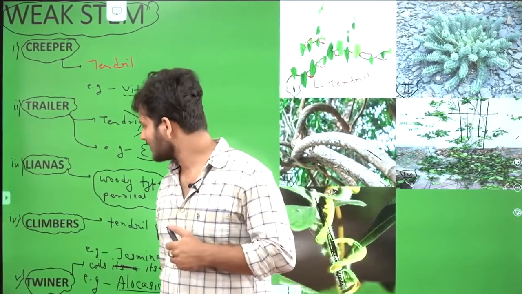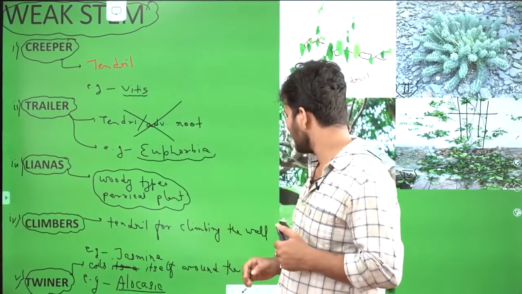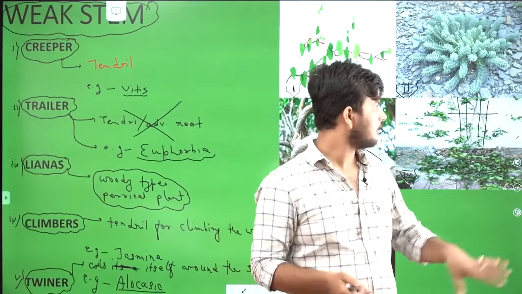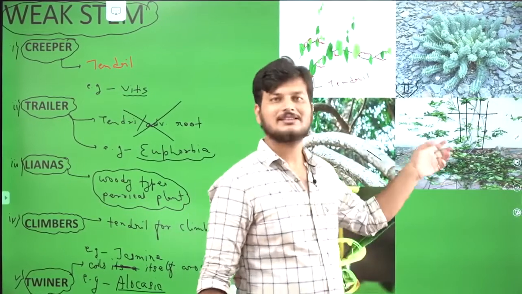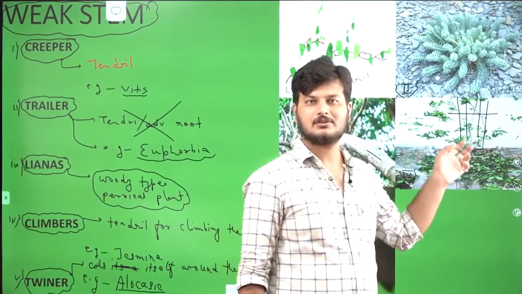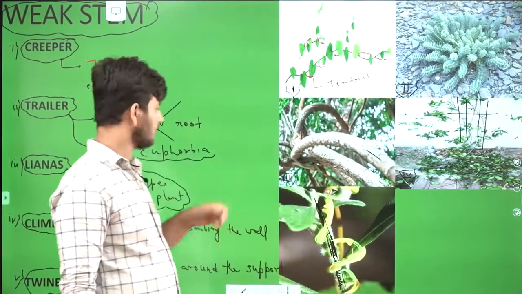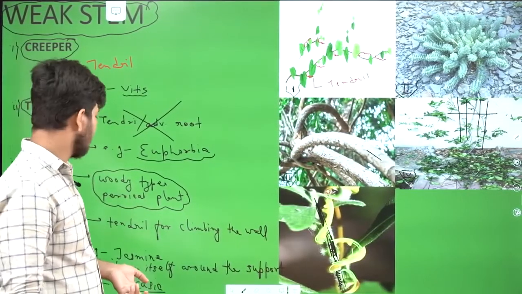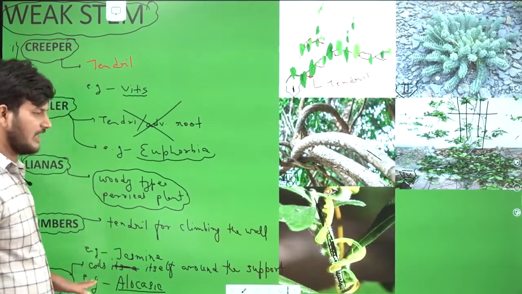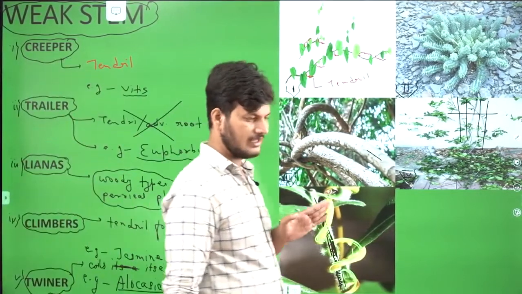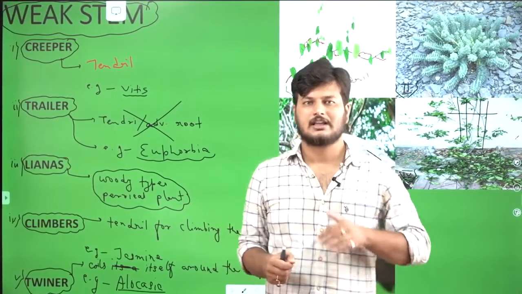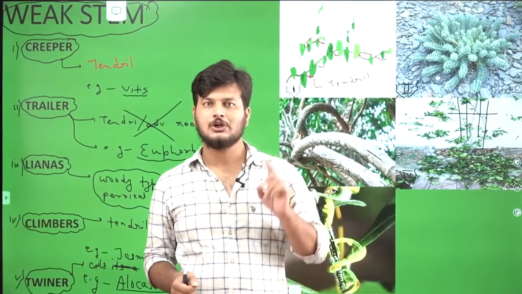And the last one is the climbing type, in which we can easily see the plant body climbing upon the wall, and the support is given by either tendril or it may be adventitious root. And the last one was our twinner. This plant doesn't have any special structure for holding itself on the wall.